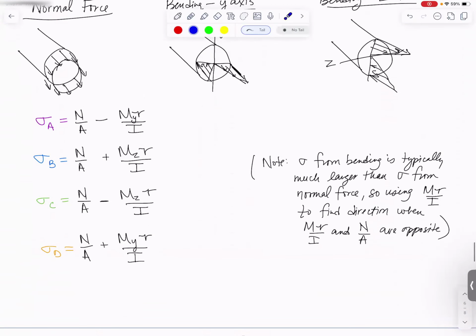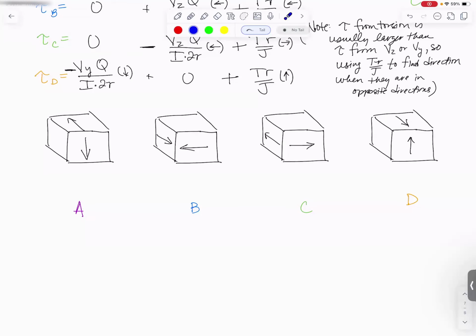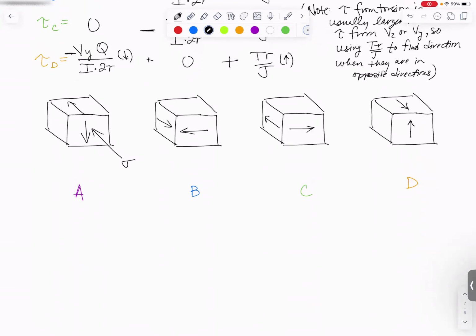So we end up with, I'm assuming the bending will be biggest. So we're going to end up with compression at A and compression at C with tension at B and D. So compression at A looks like that. A and C are compression, and B and D are tension.